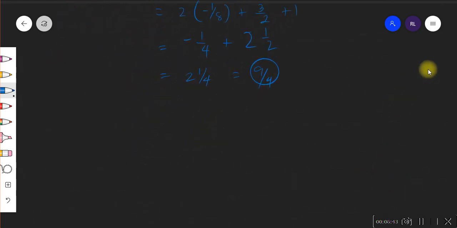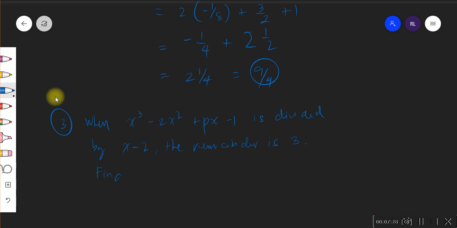Let's say this is number 3. Suppose that when x cubed minus 2x squared plus px minus 1 is divided by x minus 2, the remainder is 3.